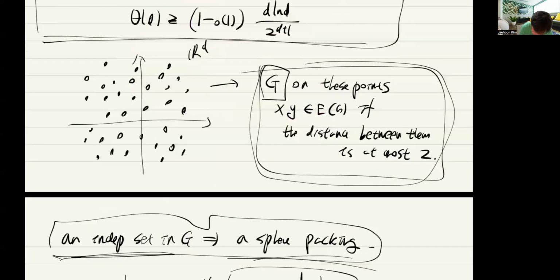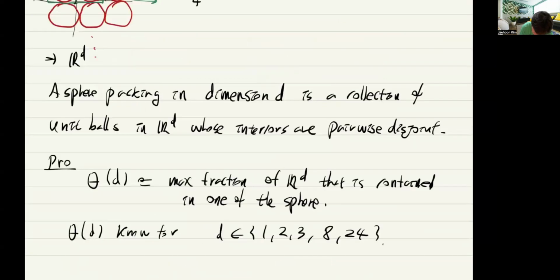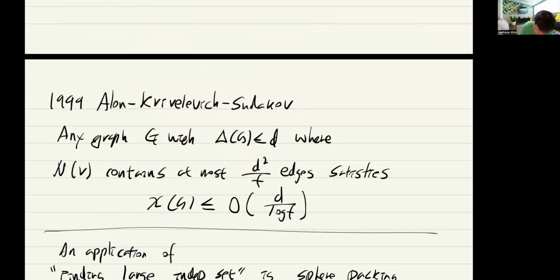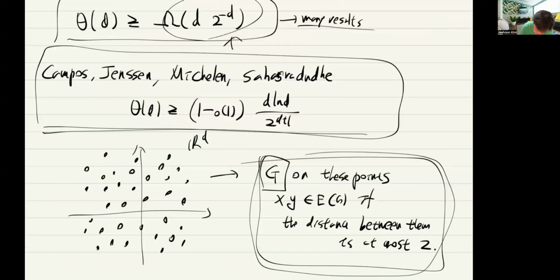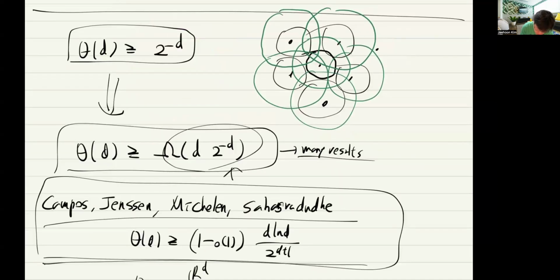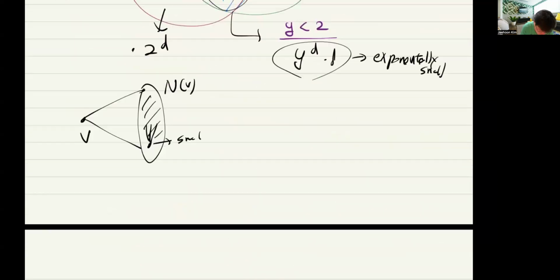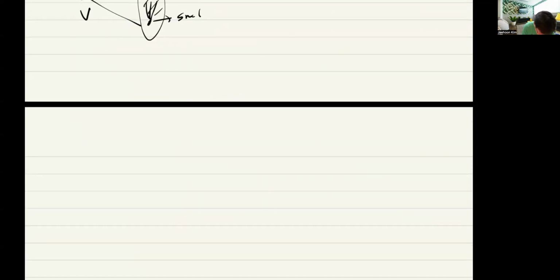So this is roughly in a setting similar to this theorem, where they show that you can find a large independent set in the graph.